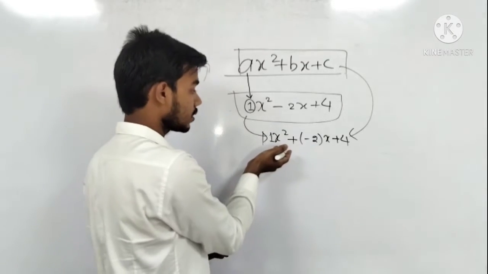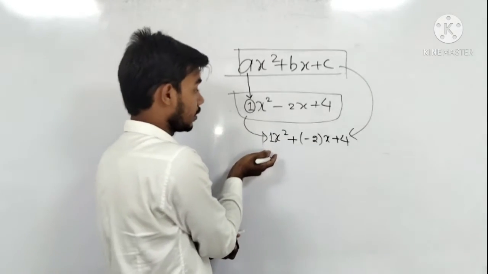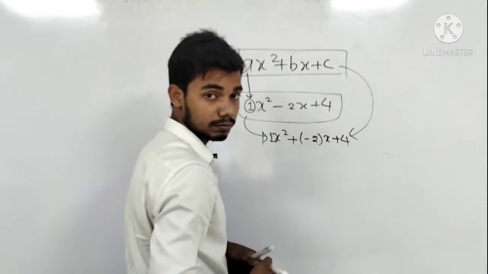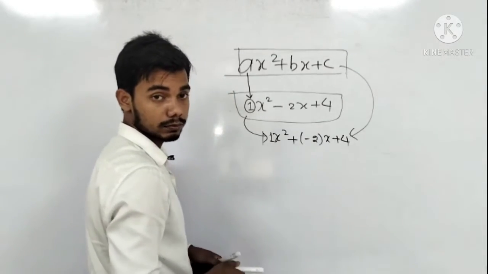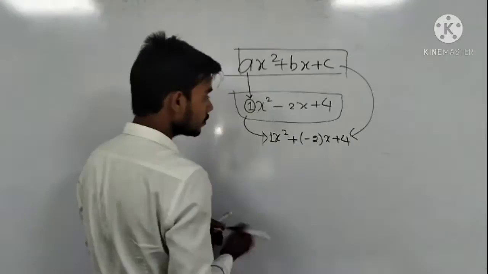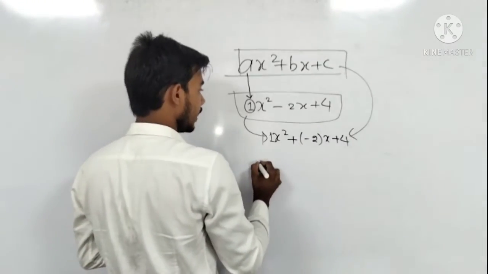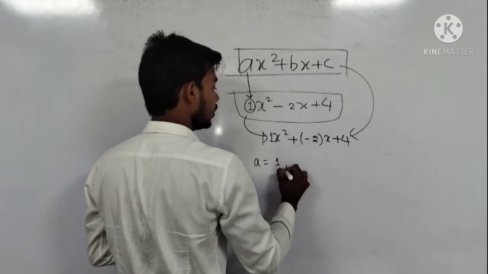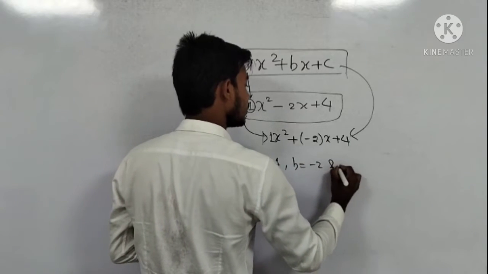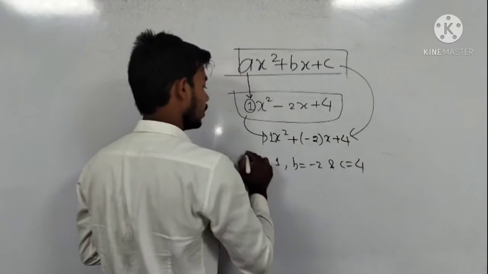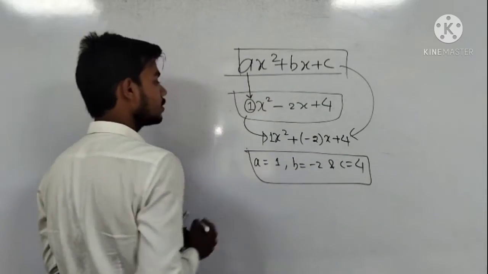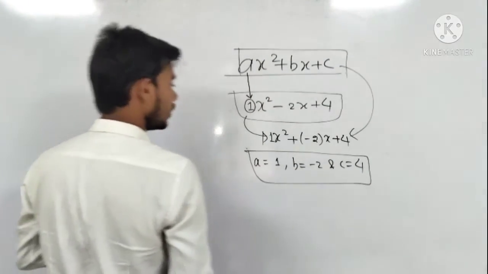The coefficient of x square is 1, because if you multiply 1 by someone, nothing will change. So a is equal to 1, b is equal to minus 2, and obviously c is equal to 4. Now with these values we can immediately find the vertex.